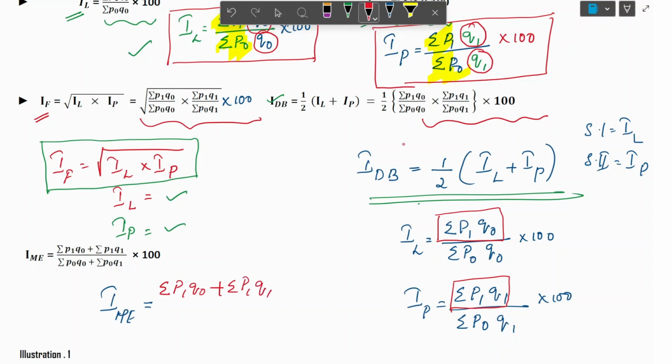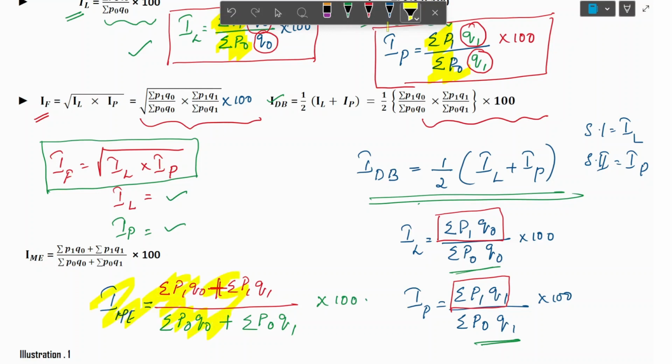What I did is, this is the numerator of IL and the numerator of IP, which is here as IME's numerator, and you are adding them. Now you are going to take the IL denominator, sigma P0 Q0, plus the IP denominator, sigma P0 Q1, into 100. Therefore, this is the formula for IME.